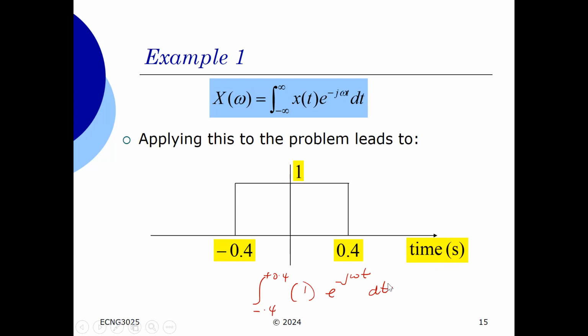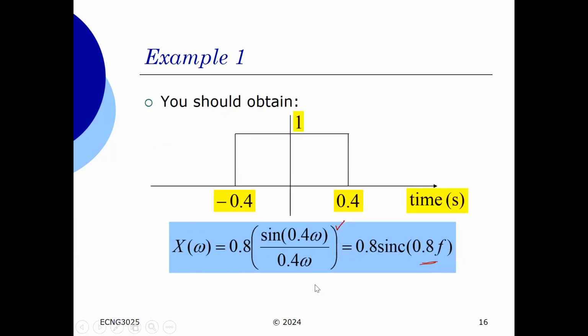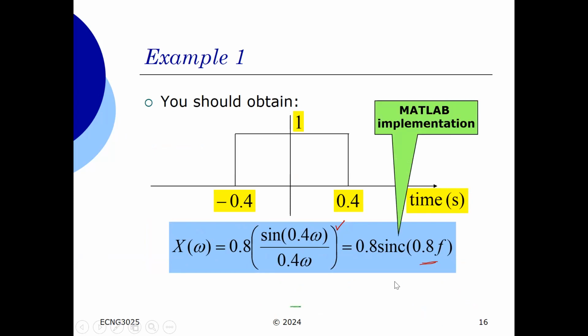I could perform that integral and get the answer either as a function of e, or using Euler's equation, convert it to a function of sine or cosine, which is where I have it at this point here. And then I could plot this.